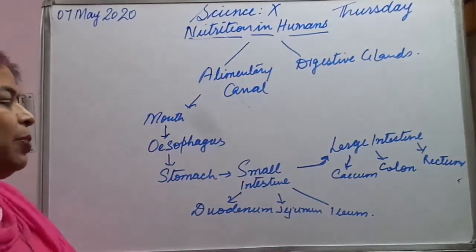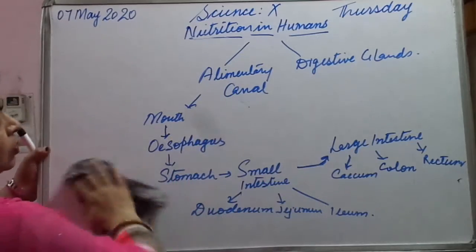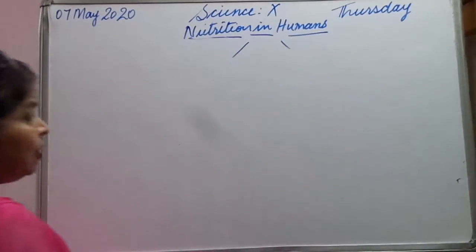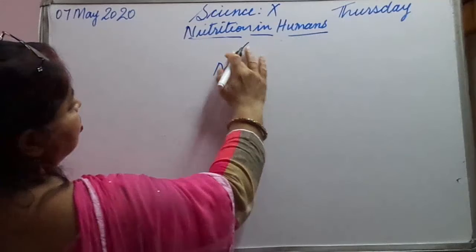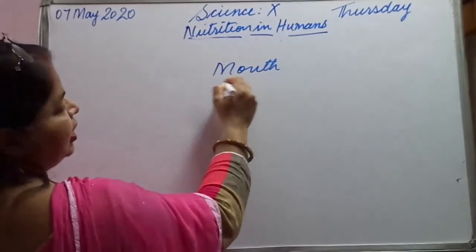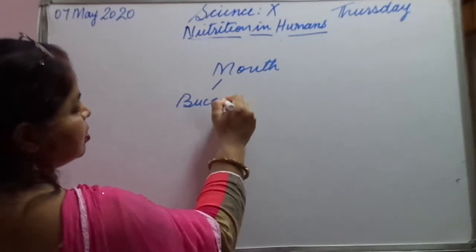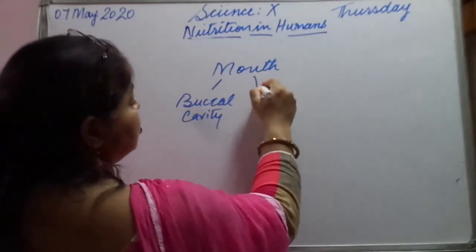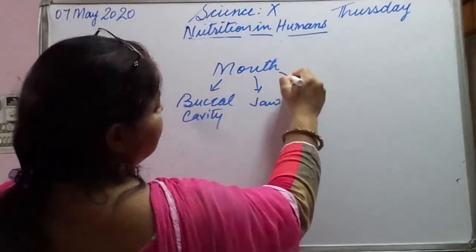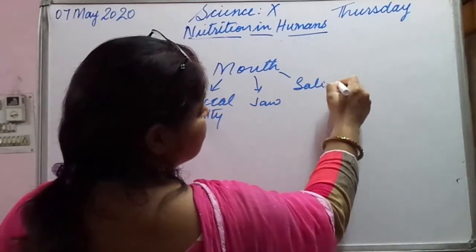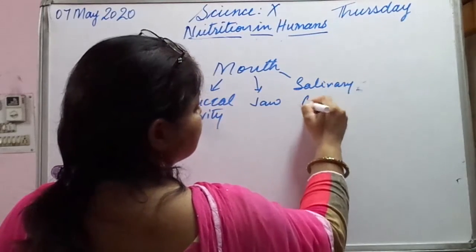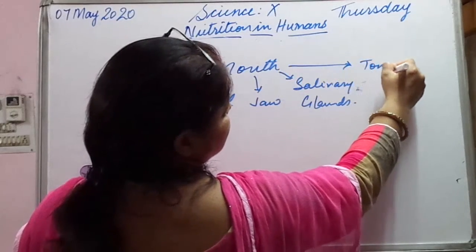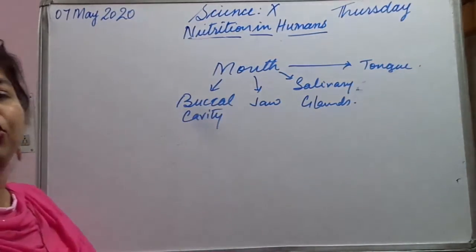So the mouth contains the buccal cavity, and various organs that are present in the mouth: buccal cavity, then jaw, then salivary glands, and one more very important thing, that is the tongue.